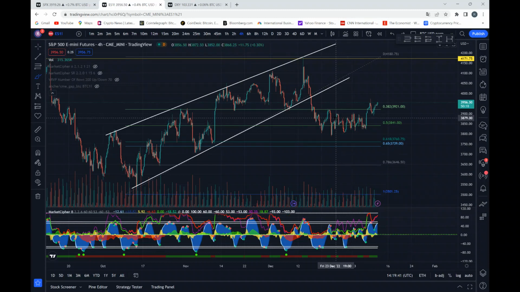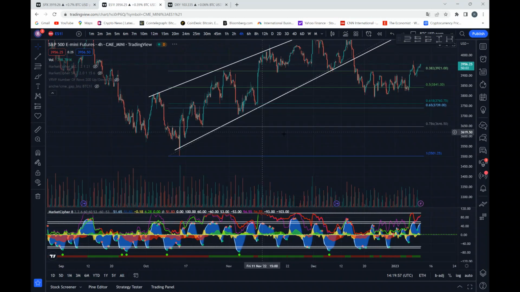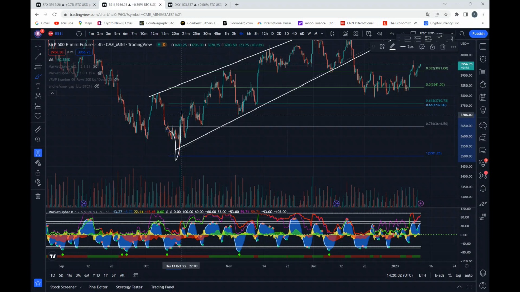If it is the pullback and we are going higher, then we need to see this as a sign of strength, because the price couldn't make it to the golden pocket and just went higher right away, and then we are due for much higher prices. Why don't I like the bottom here? Because so far we just went down once, touched it, and then went up again right away.